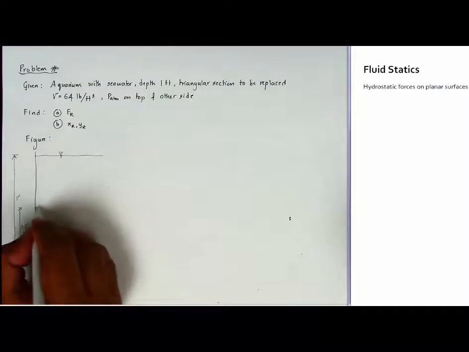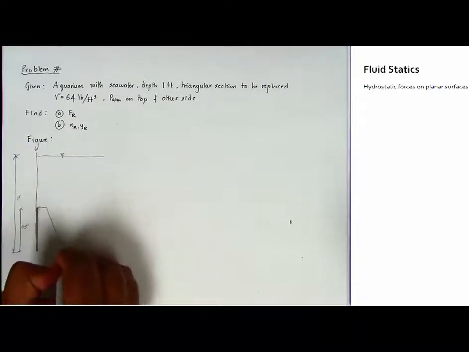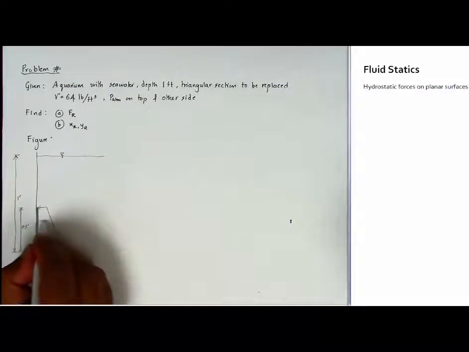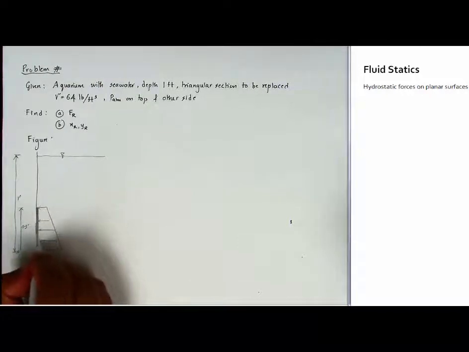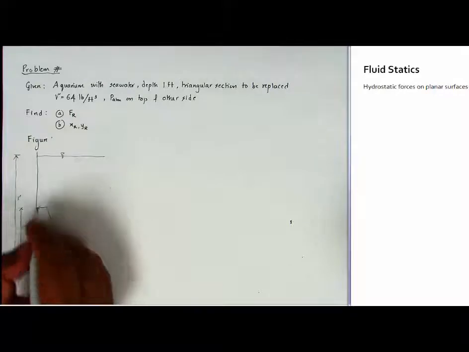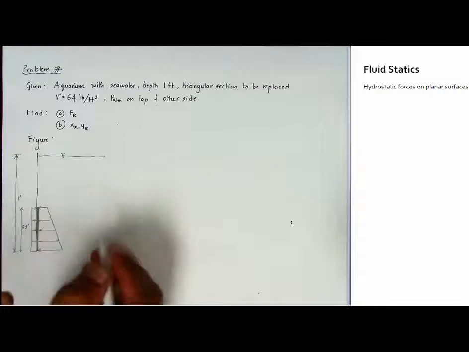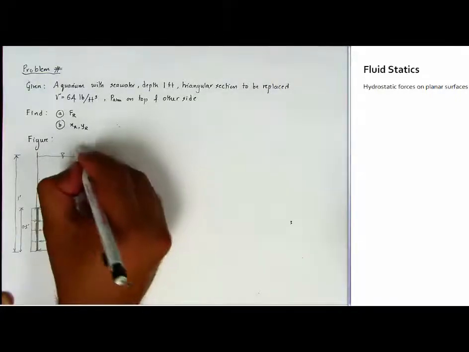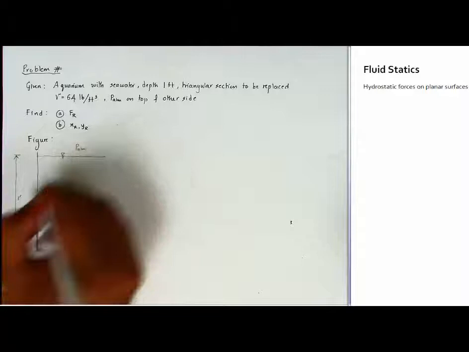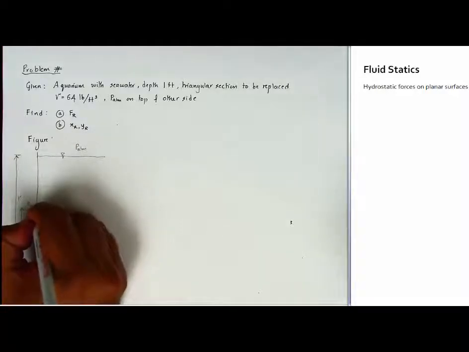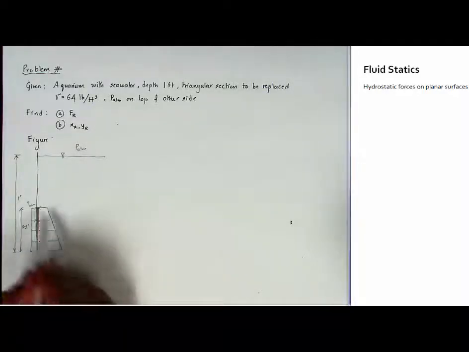Notice that there is pressure from the water in here. On the other side, it's open to the atmosphere, so you're going to have atmospheric pressure on this side. There is P atmosphere at the top out here, and of course P atmosphere on the outside here. And we want the resultant of all of this.